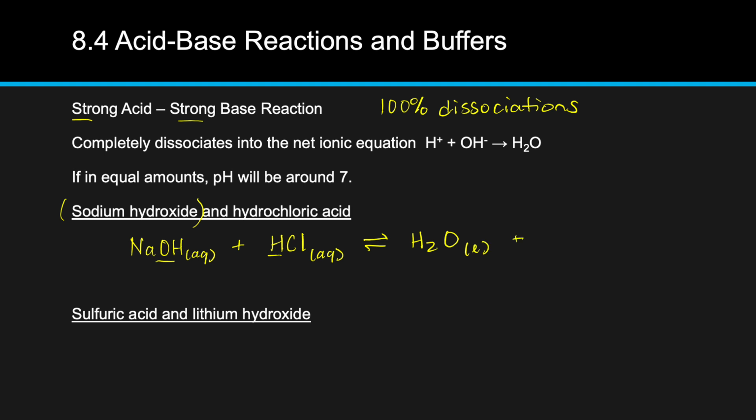And then what's left over are your cations from the base and your anions from the acid, and those will make a salt. So in this case, that would be NaCl. And we know that NaCl does dissolve in water.